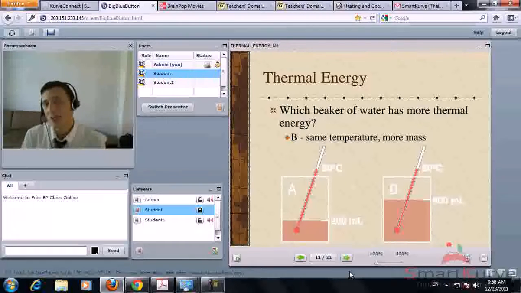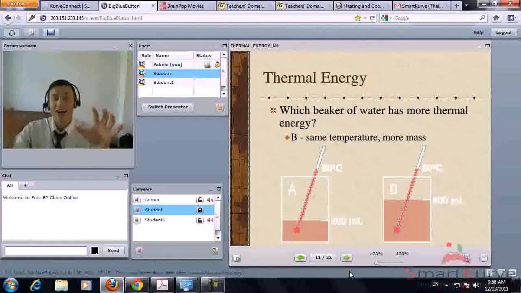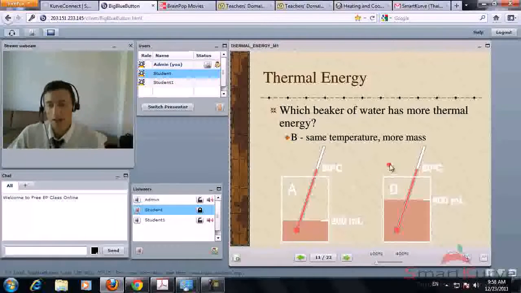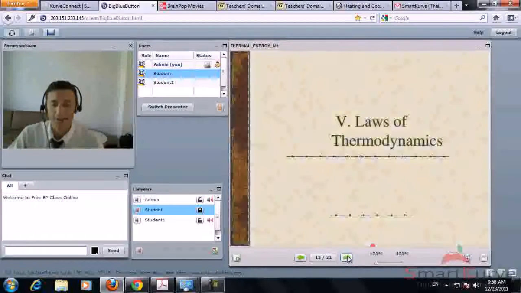Even though the temperature is the same, there's more mass, so there are more particles. So the particles in A and B, at the same temperature, are going to be moving at the same speed. There's just a lot more of them in B. So B will have more thermal energy than A.